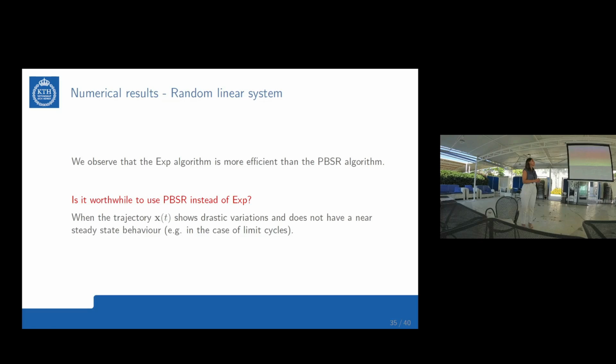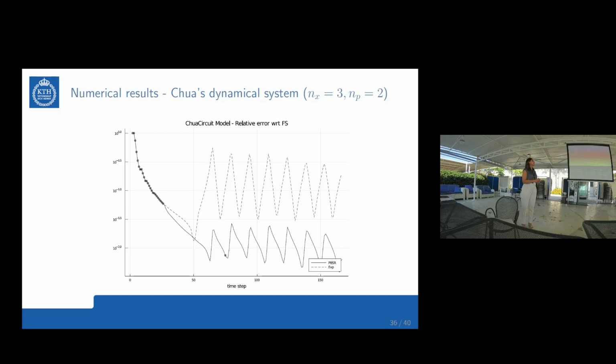And this happens, for example, in the case of limit cycles, when the solution does never converge to a steady state, to an equilibrium point. And to show this, we performed again the simulations on this Chua circuit dynamical system that is pretty small, but it converges to a limit cycle. And here again, we see an improvement in the accuracy thanks to the Peano-Baker series algorithm.